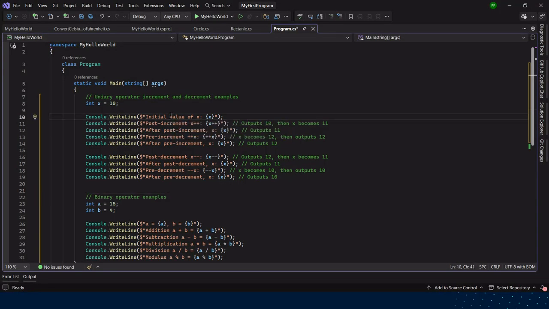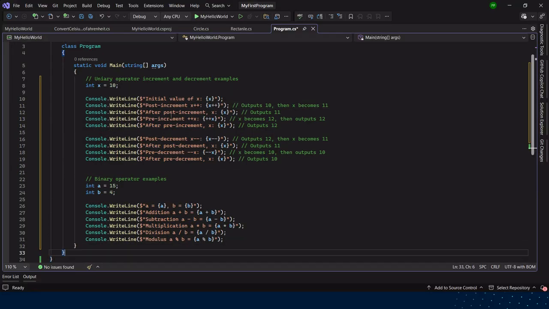To save a little time, I have prepared this program, and here we can discuss the different unary operators and how they work, and the binary operators also. Let's look at the unary operator first. Here is the unary operator increment and decrement example. Let's say int x is equal to 10. The initial value of x is 10, and post-increment, x plus plus.